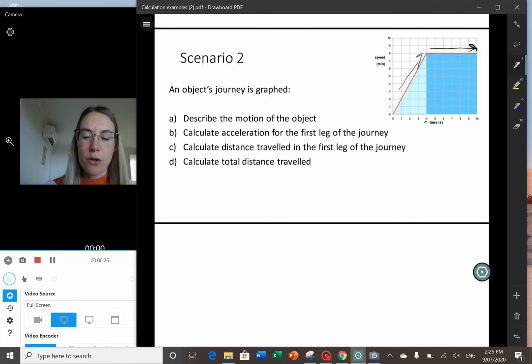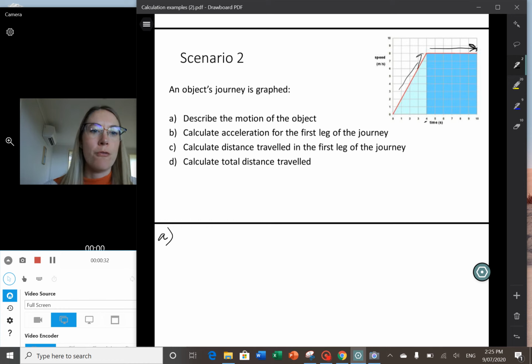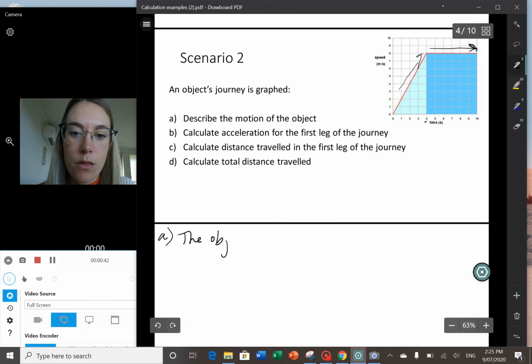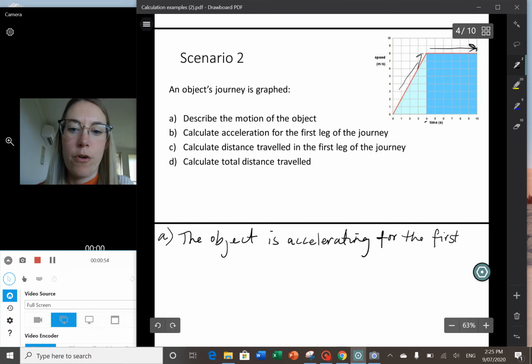So the first question that we're asked is to describe the motion of the object. So the motion of the object, for the first 4 seconds, we have got an increase in velocity, or we could also say that the object is accelerating. So the object is accelerating for the first 4 seconds.